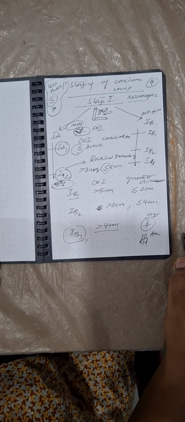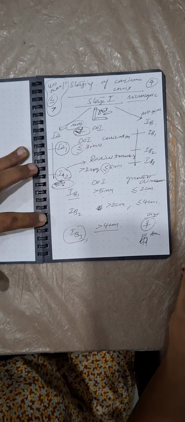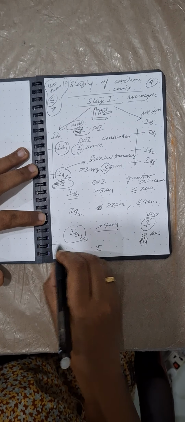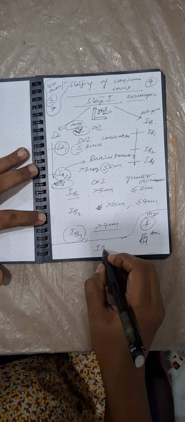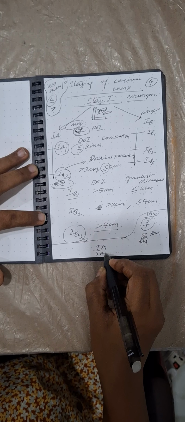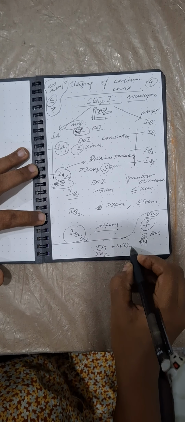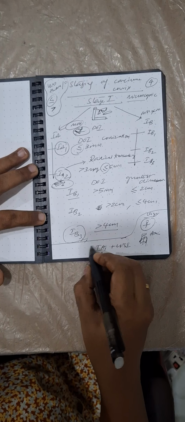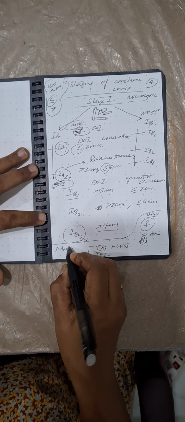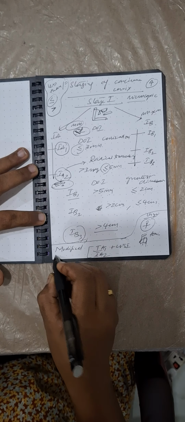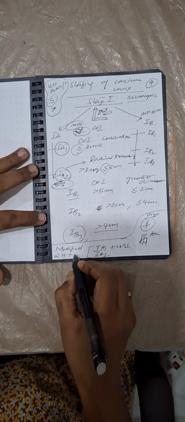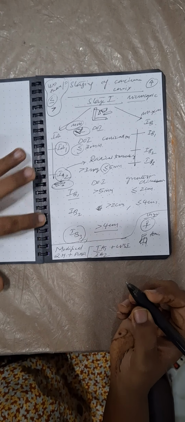But what kind of hysterectomy will you do? Basically in 1A1 and 1A2 with lymphovascular space invasion, or any kind of 1A2, we can go for modified radical hysterectomy plus pelvic lymph node dissection. Remember this.